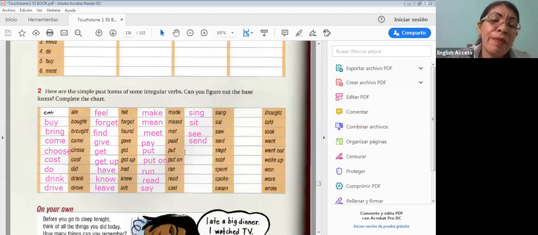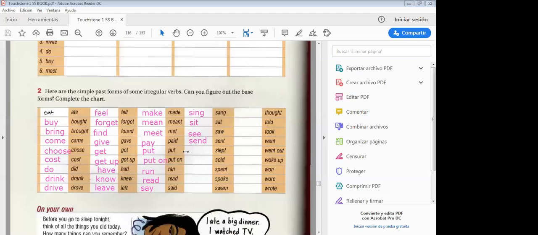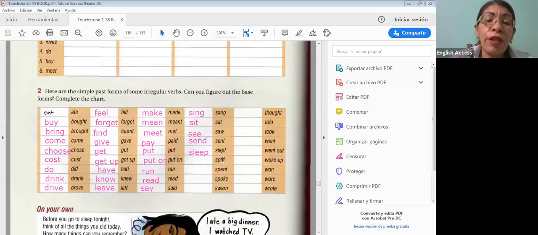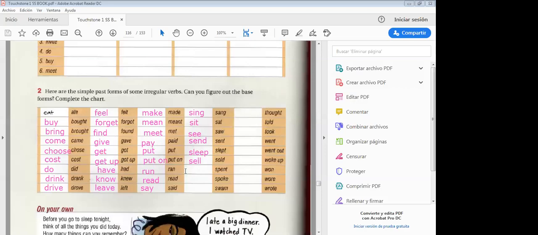Slept is the past of sleep. Yes. Sold is the past of, you know, sell. Spent is the past of spend. Yes.